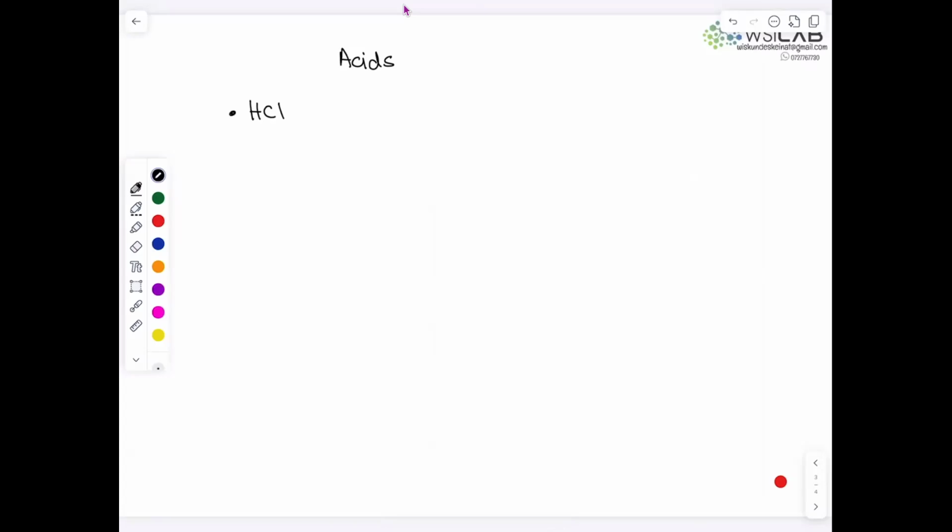Then we've got sulfuric acid, H2SO4. Then we have HNO3, which is called nitric acid. And then we have CH3COOH. You can call it ethanoic acid, or actually it's the acid that's in vinegar.